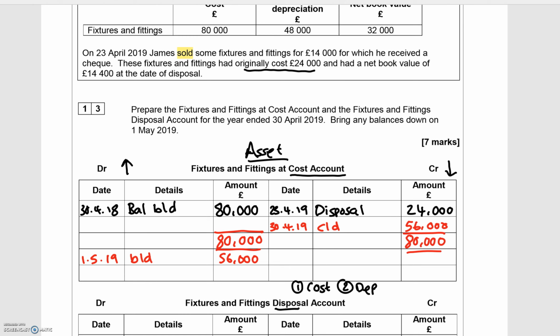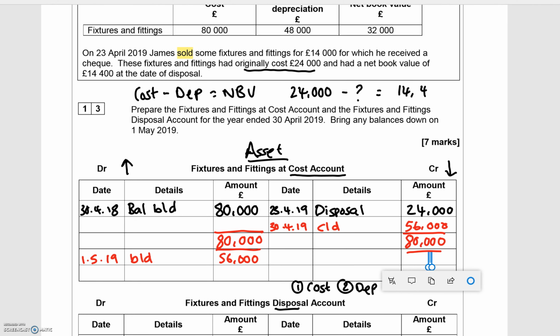The cost was £24,000, and it has a net book value of 14,400. You should know it is cost minus depreciation equals net book value. So 24,000 is the cost minus, we don't know what depreciation is, equals the net book value of 14,400. So that must be depreciation of £9,600.